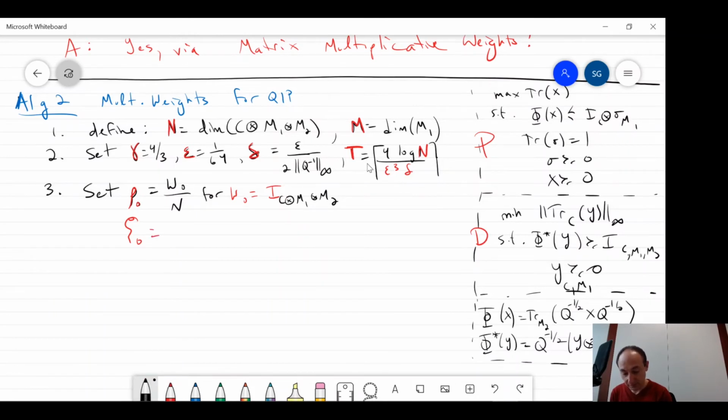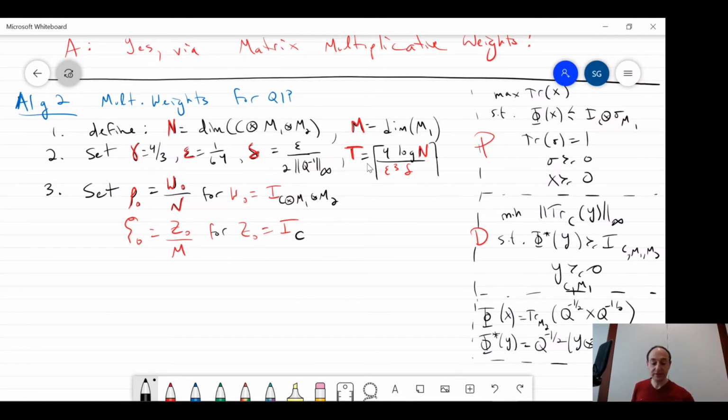That's going to be Z0, which I haven't defined yet. But as you can guess, it's going to be an identity, because I don't know any better. Z0 is equal to identity, and on which space? Well, it's only going to be on space C.